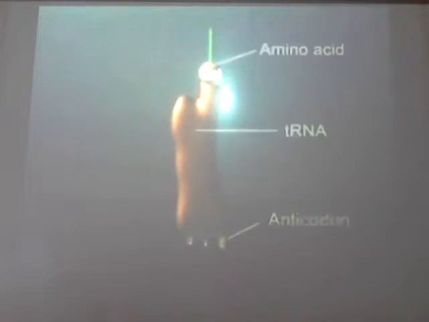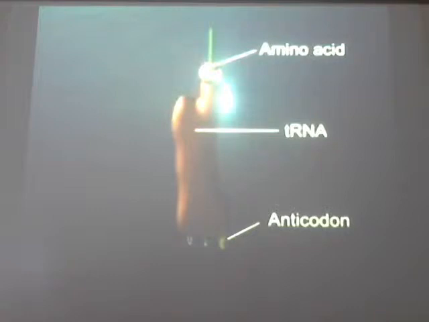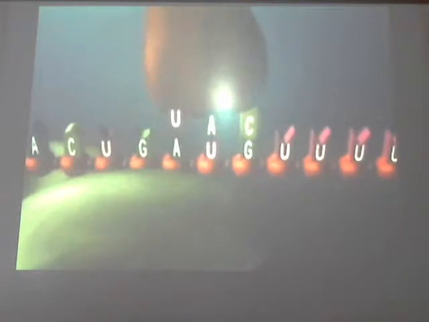Transfer RNA carries an amino acid, which will be incorporated into the polypeptide. Its anticodon is a triplet complementary to the codon on messenger RNA that specifies that particular amino acid. A ribosome assembles on the start codon AUG. Transfer RNA with the anticodon UAC and carrying the amino acid methionine binds to the codon.